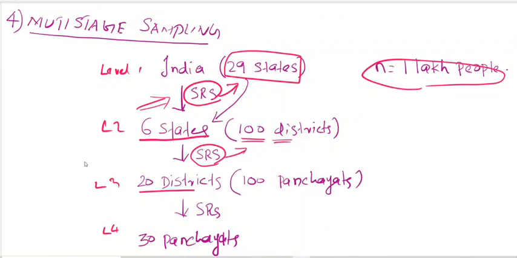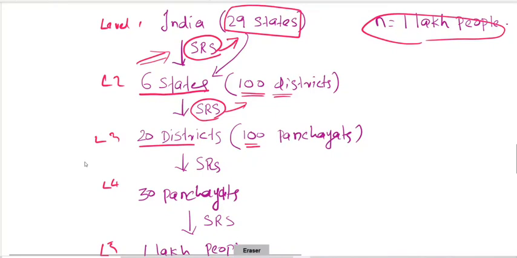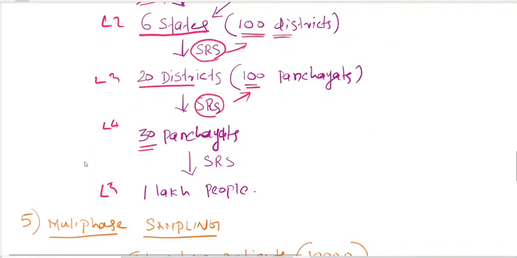From these 20 districts, that is level 3, all the panchayats are listed out, and again we do simple random sampling. From these 100 panchayats we have taken 30 panchayats. At level 4, from these 30 panchayats we take our ultimate sample of 1 lakh people.